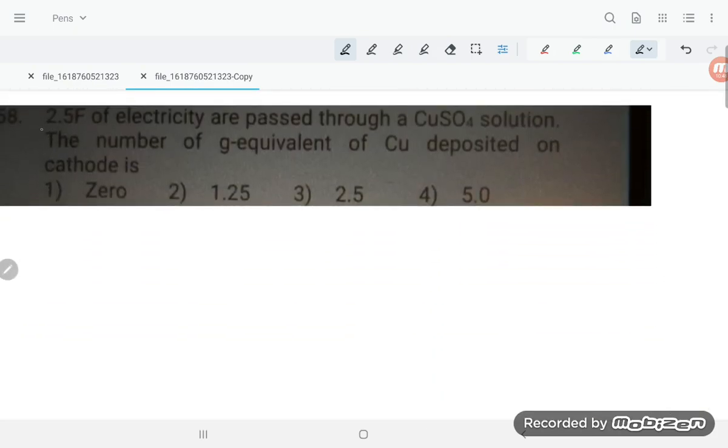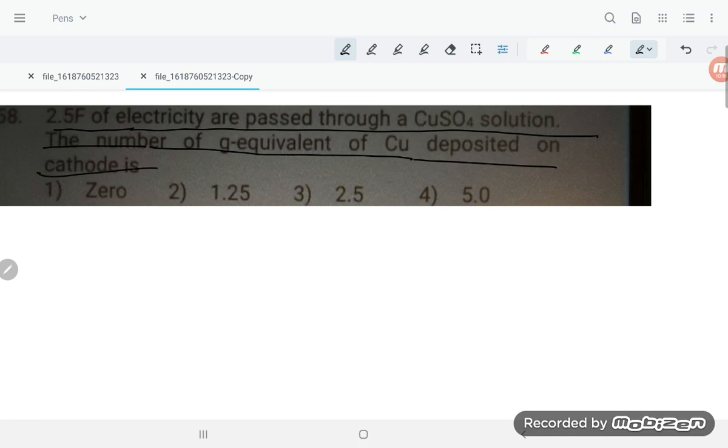Here 2.5 Faraday of electricity has passed through CuSO4 solution. The number of gram equivalents of copper deposited on the cathode is, okay. So how can you solve this kind of question, students? Because the charge is given, that is 2.5. Let us try to solve this type of problem.